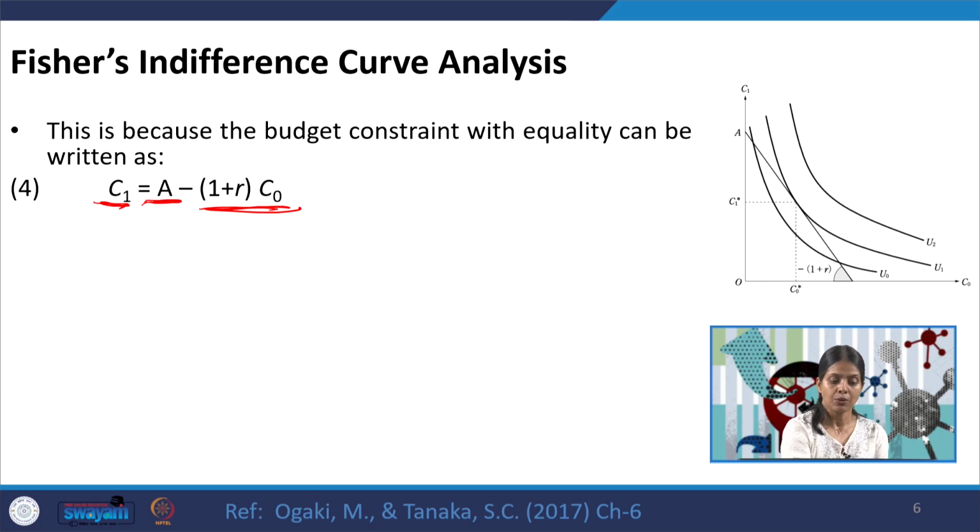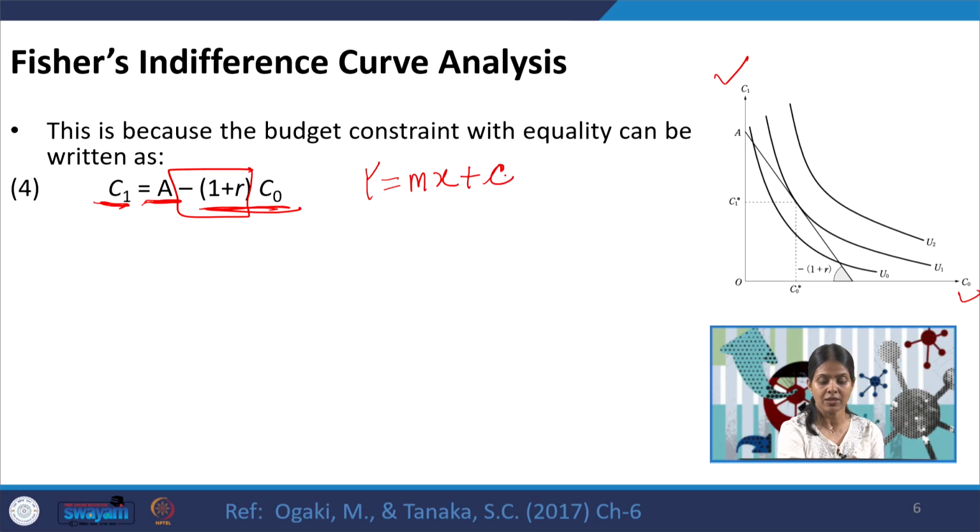That is how we have the slope. We are measuring C1 on the vertical axis and C0 on the horizontal axis. If I compare with a standard linear equation like y equals mx plus c, m is the slope. Here minus (1 plus R) is the slope, and c is the intercept, here A is the intercept.